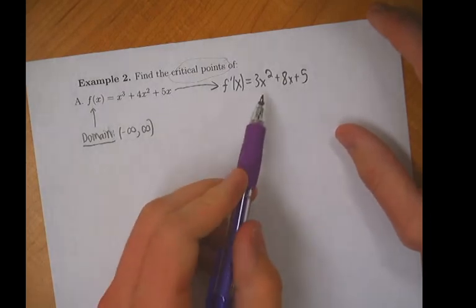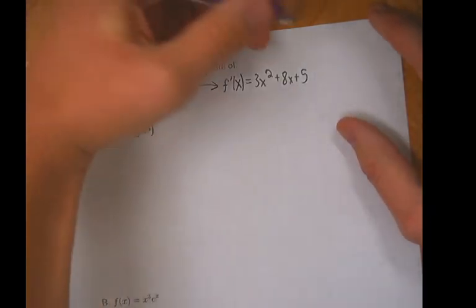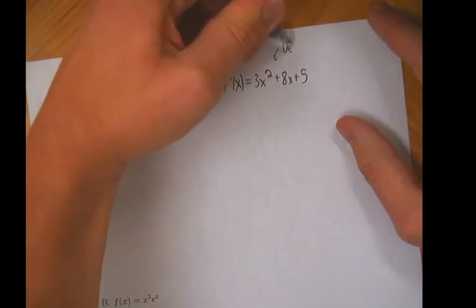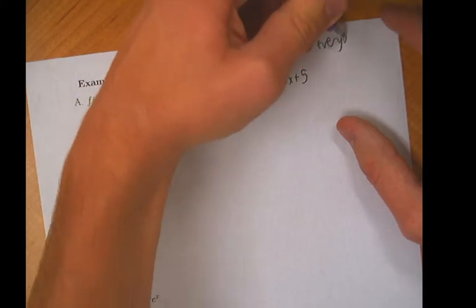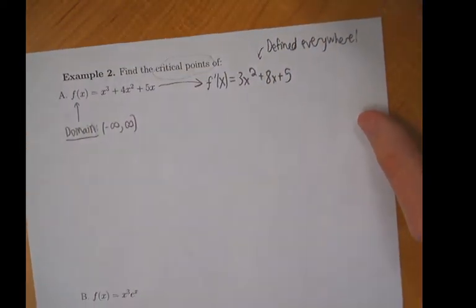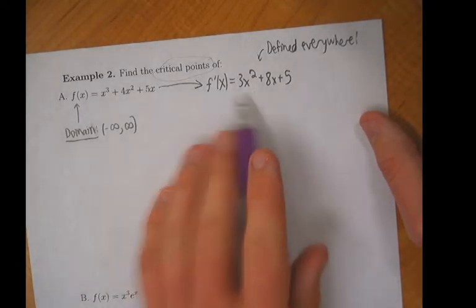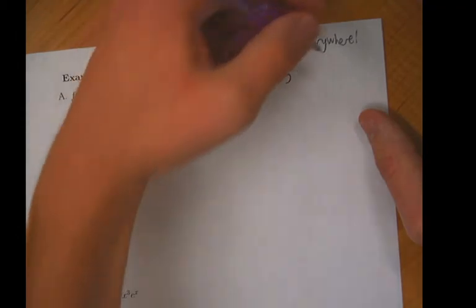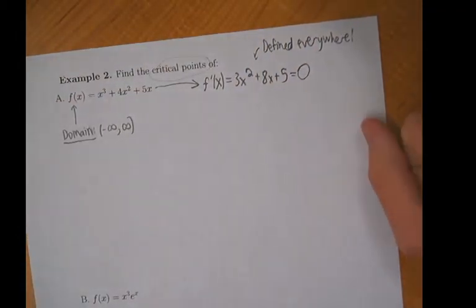The nice thing is that this is just another polynomial, so it is defined everywhere. The good news is there's no way for this derivative to be non-existent. So all we have to do is check when this is equal to 0. How would we do that here?